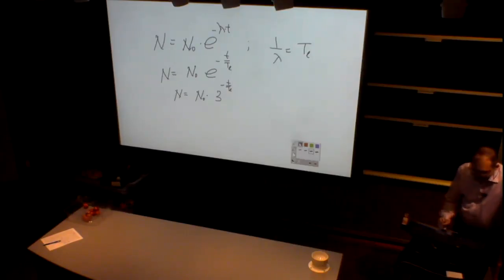Now, what does a negative exponent say? That actually says we have to divide by 3 to this ratio.